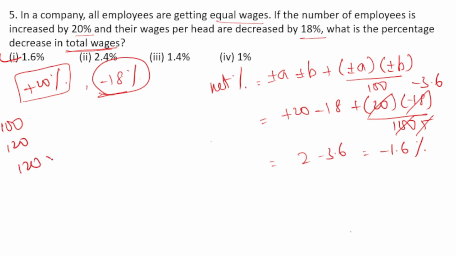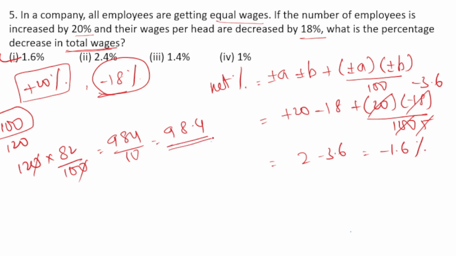So it is 120 into 100 minus 18. It is 82 divided by 100. If you simplify this, you will get 984 divided by 10. It is 98.4. See, initial wages it was 100 and later it was 98.4. So what is the percentage decrease? Percentage decrease is 100 minus 98.4. It is 1.6%. Okay.